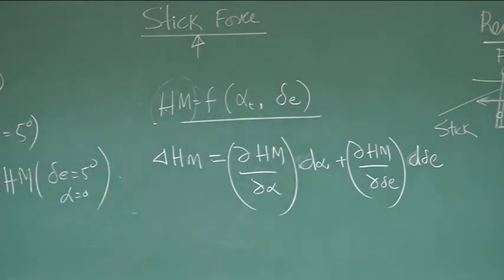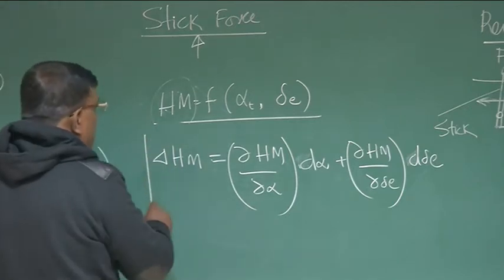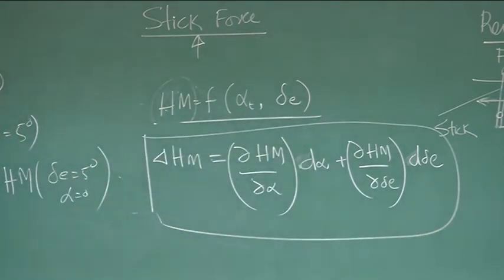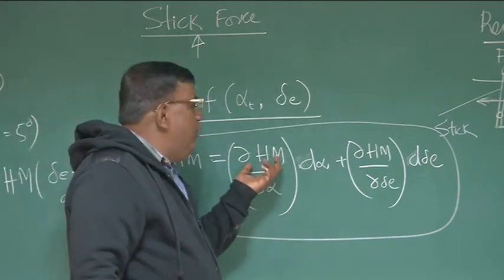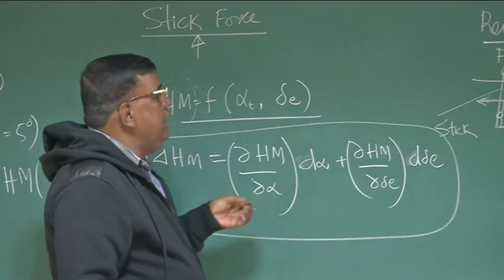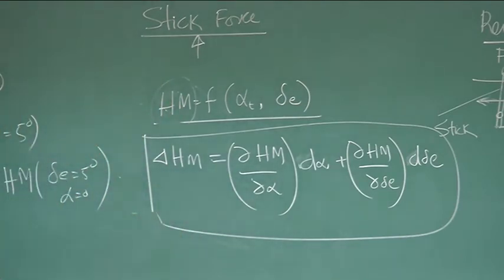So if that is true, then all through my text, when we will be doing the stick force, if I know the value of this derivative and this derivative, then I will be able to find out what is the hinge moment at a given alpha and delta E through this model.